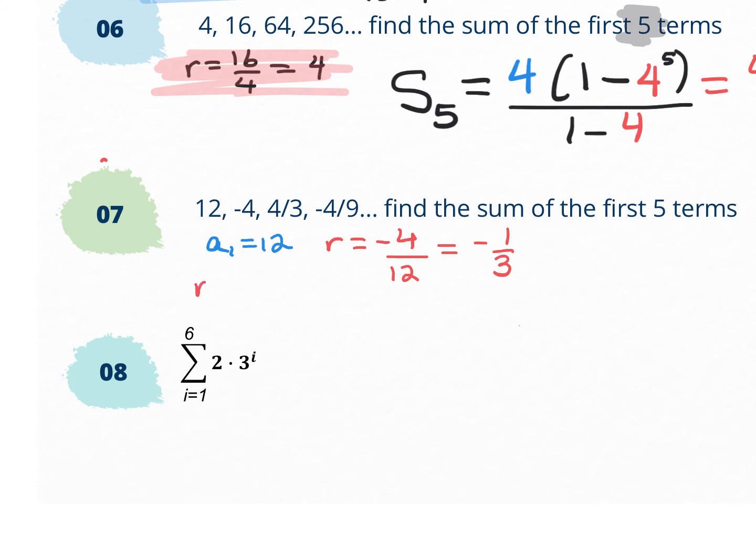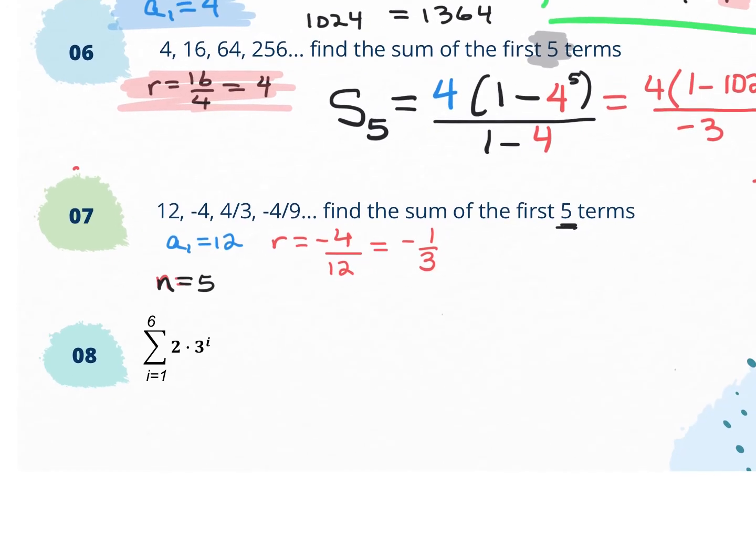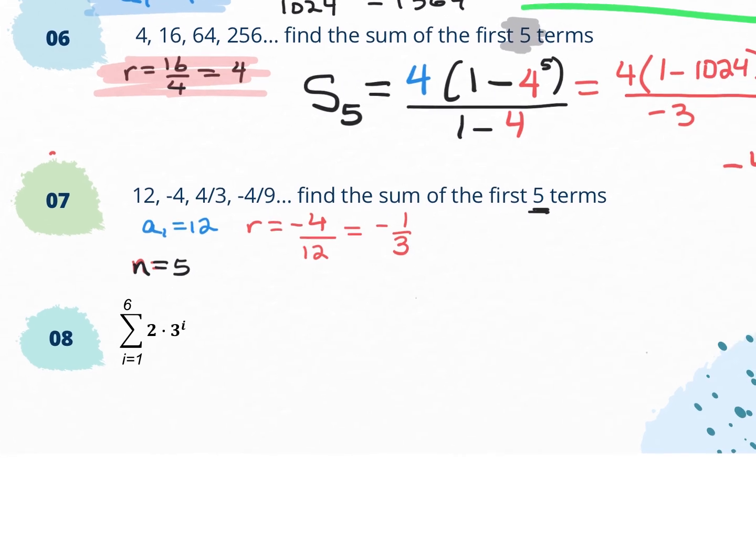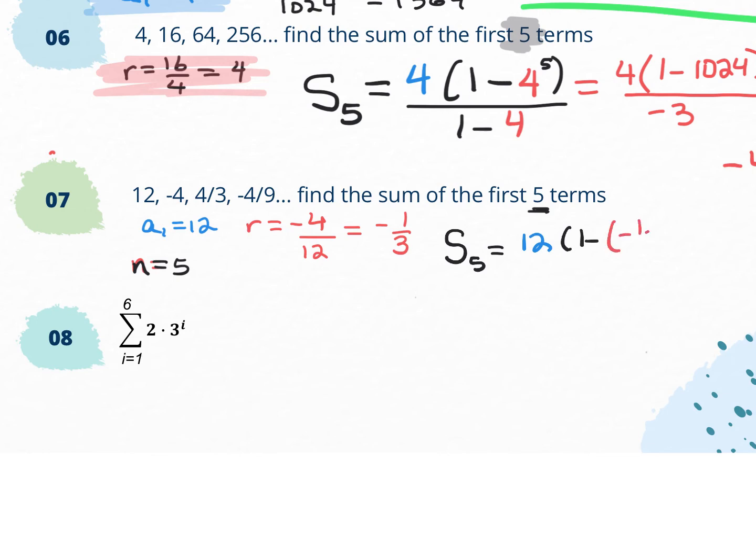My n value is going to be 5 because it wants me to find the sum of the first 5. So let's go ahead and plug it into the formula. So S sub 5 is equal to the first term times 1 minus this common ratio, which is negative 1/3, and it's raised to the 5th power, divided by 1 minus the common ratio.